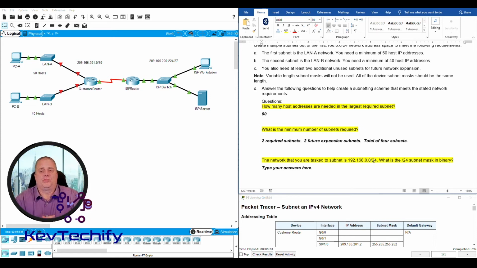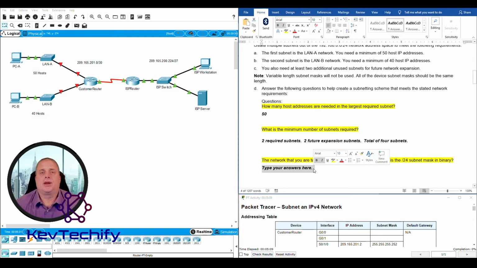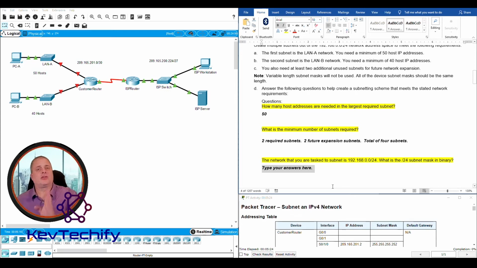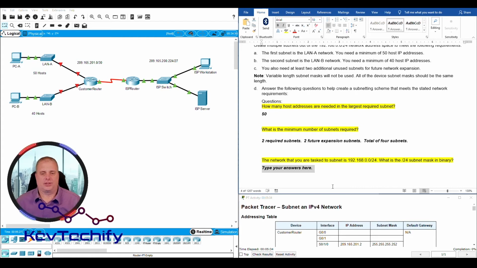are the network portion. When we write out a subnet mask in binary, it is all ones in the network portion followed by all zeros. If the network portion here is 24, that means we have 24 ones in the network portion followed by 8 zeros. 32 minus 24 gives us 8 zeros left for the host portion.